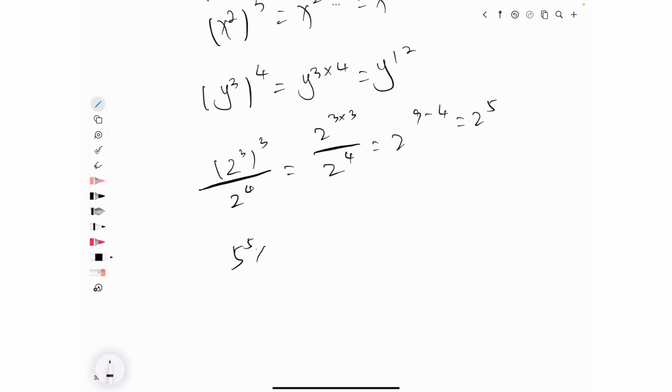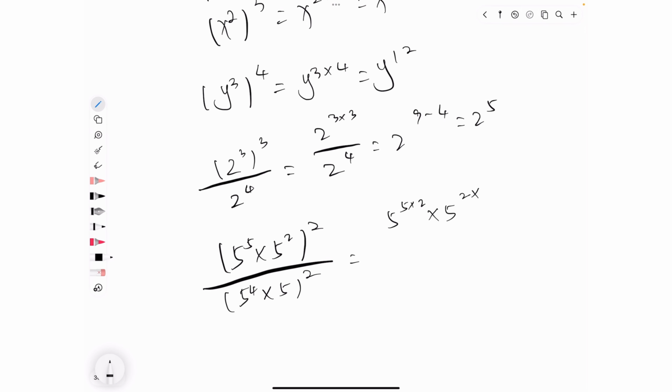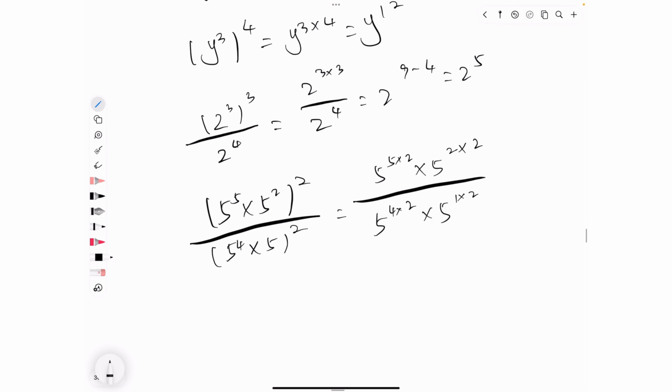5 to the 5 times 5 squared, then squared. 5 to the 4 times 5 squared, again. So that'll be 5 to the 5 times 2 times 5 to the 2 times 2, divided by 5 to the 4 times 2 times 5 to the 1 times 2.